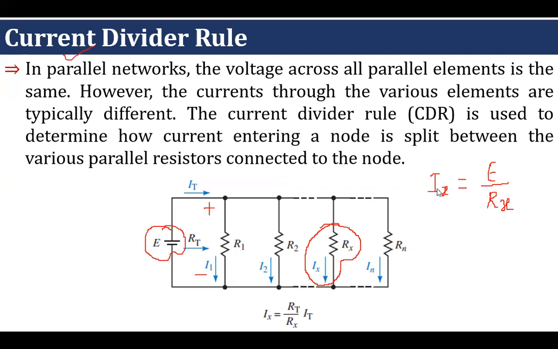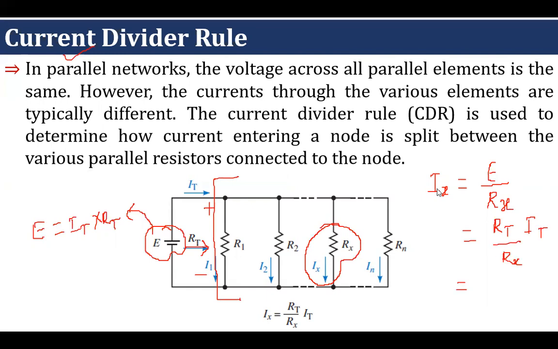Fine. Now what is the value of E? Easily from this place we can calculate that E will be equal to IT multiplied with RT. RT is the net resistance when we are looking from this side. So we can replace E by RT multiplied with IT upon Rx.